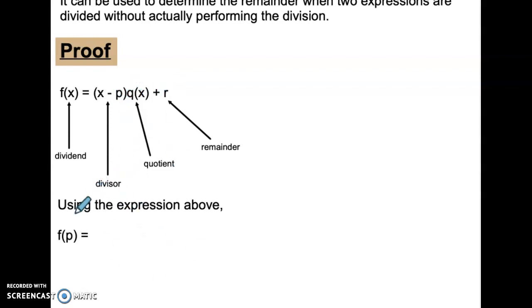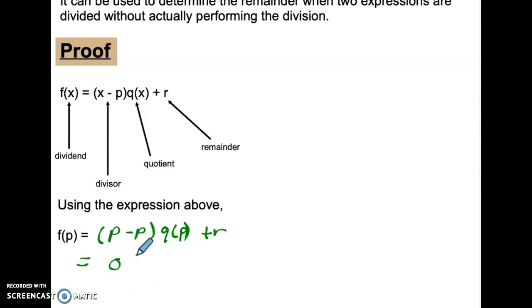And then the remainder theorem tells us that if we plug p into this function, we should get back our remainder. So let's give it a try. Everywhere there's an x, we're just going to replace it with a p. So here we have p minus p times q of p plus r.